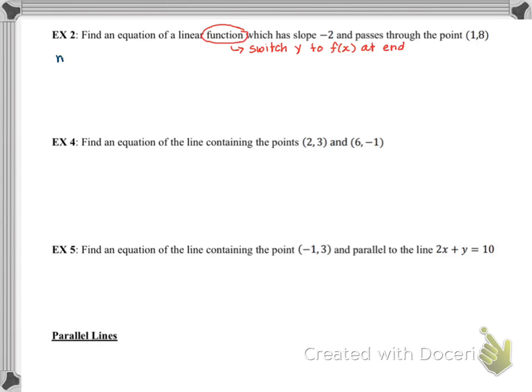So we're given our slope, m, which is -2, and we're given a point, (1, 8).